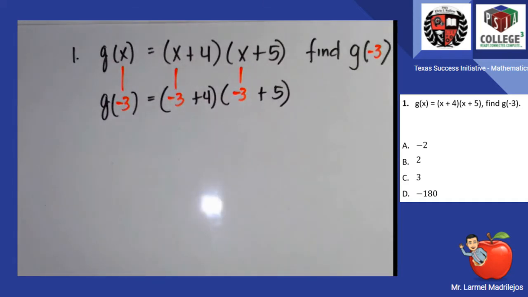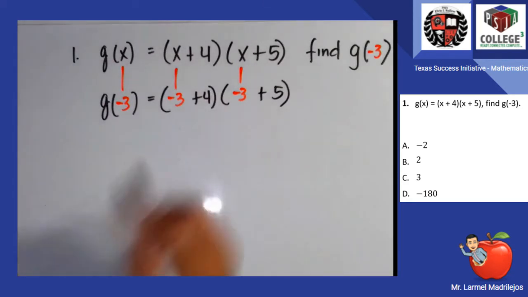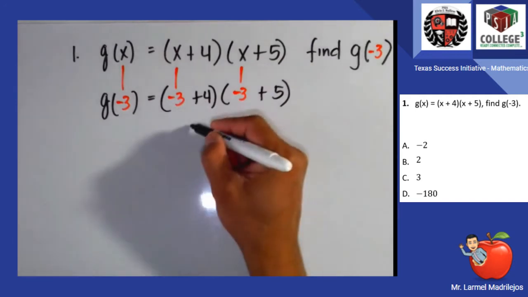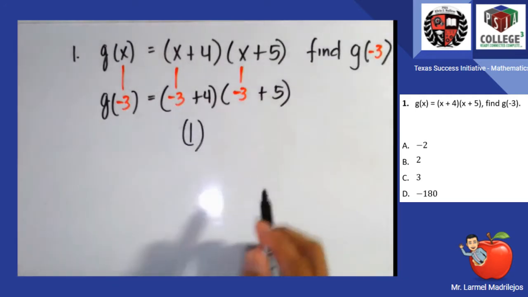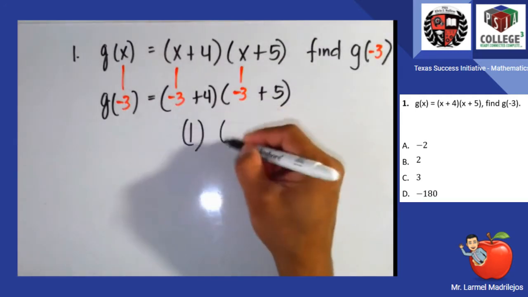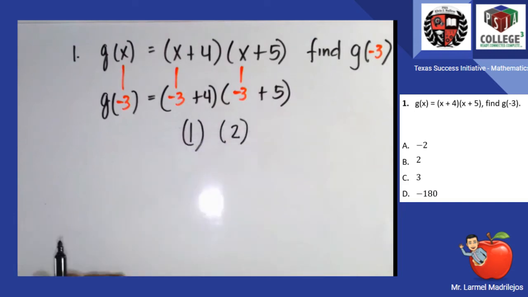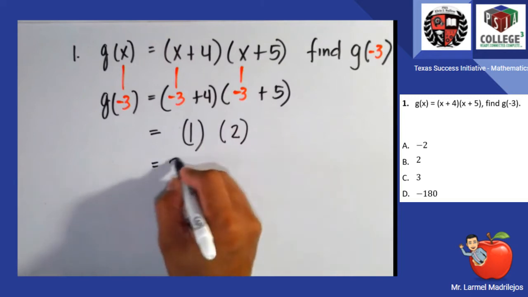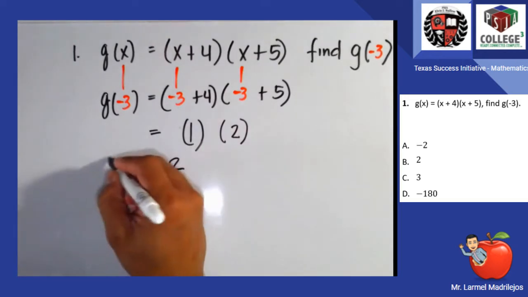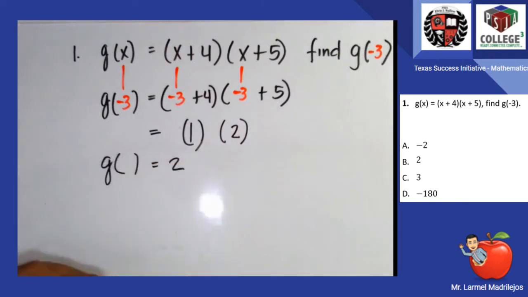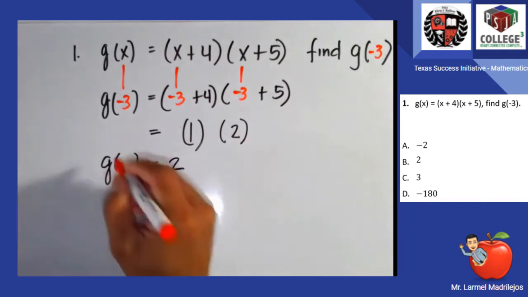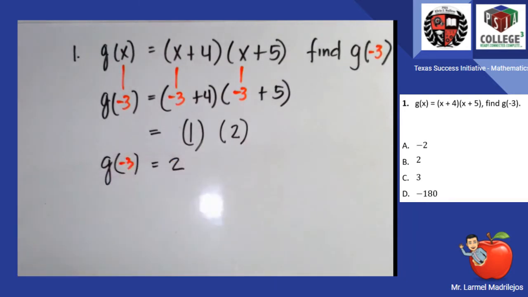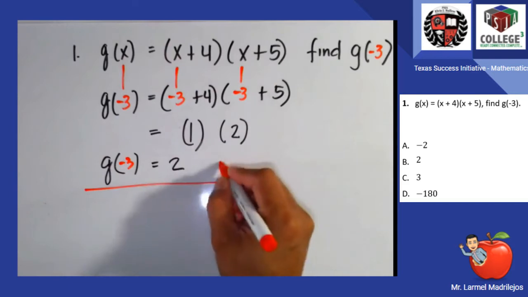Let's solve the equation. So negative 3 plus 4, that's 1. Negative 3 plus 5, that's 2. If you multiply 1 times 2, that's 2. So G of negative 3 is equals to 2. The answer is letter B.